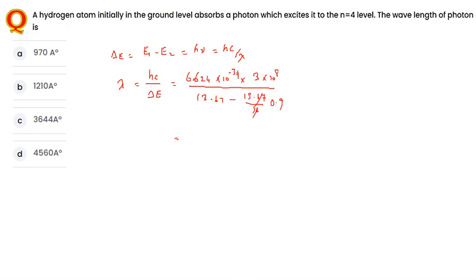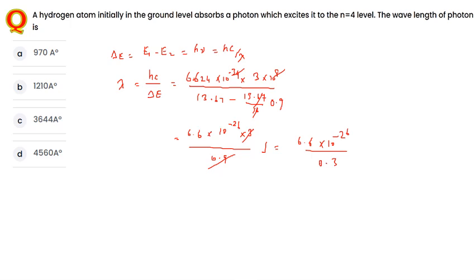So from this, 6.6 into 10 power minus 26 into 3, divided by 13.6 minus 0.9, what you get here is 0.9. This answer is in joule, so you have to convert it into electron volt.